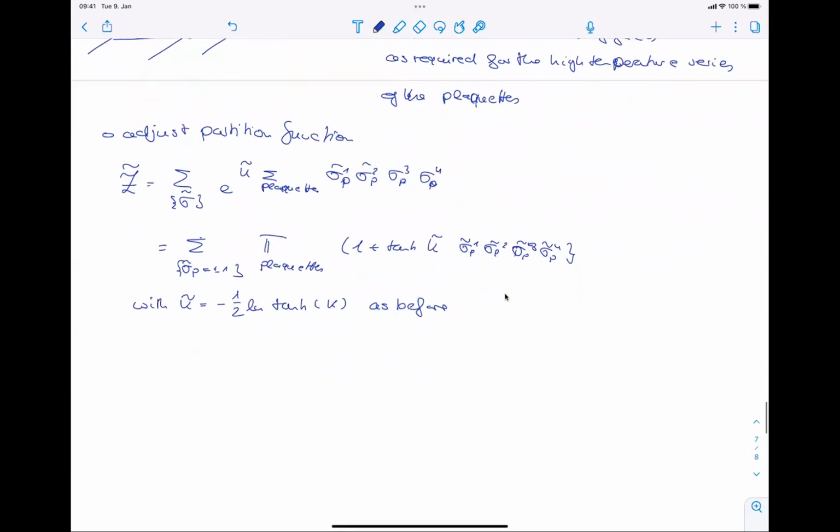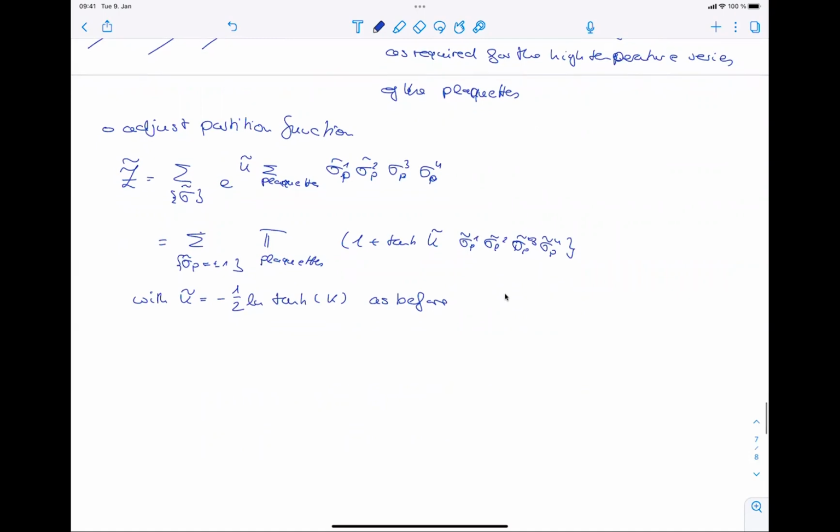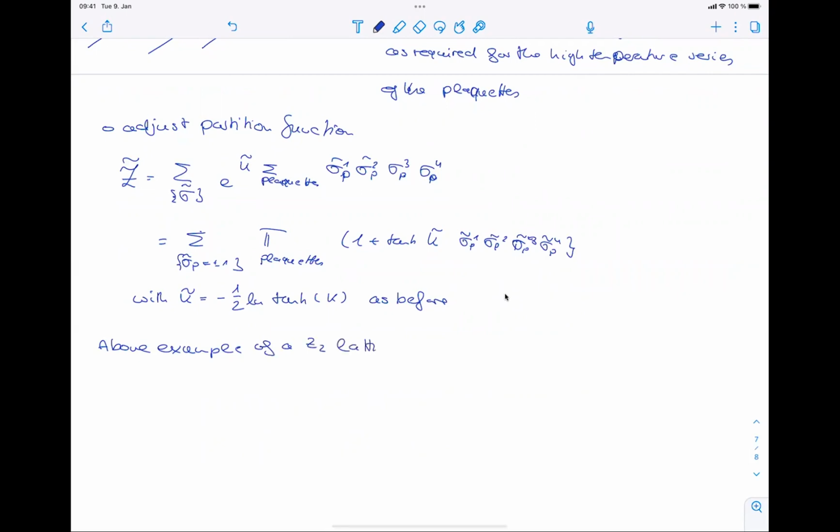So here you find an example of what's called a Z2 lattice gauge theory. The above is an example of Z2 lattice gauge theory.